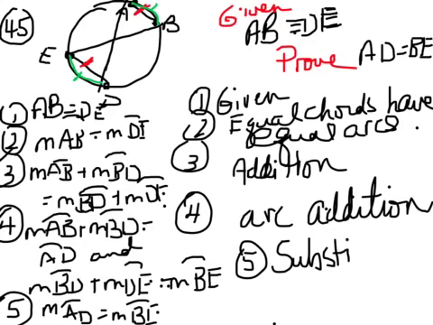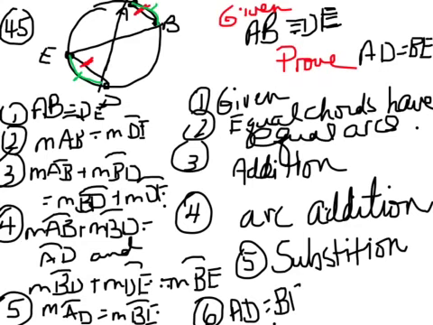If you look, in step 4 we showed that the things that were in step 3 could be written differently, and now we're just saying those two things are equal. And so if the arcs are equal, now we're at the end, then AD finally is equal to BE.